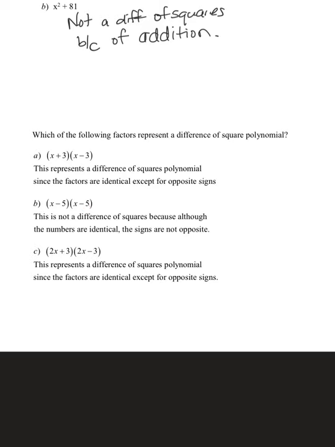This is not a difference of squares because the signs need to be opposite. Here, I have a 2x and a 2x, so notice that these are matching, that's fine, and a 3 and a 3, plus and minus. This is still a difference of squares. It's okay that I have a number in front as long as those numbers are matching. So everything has to be matching here.